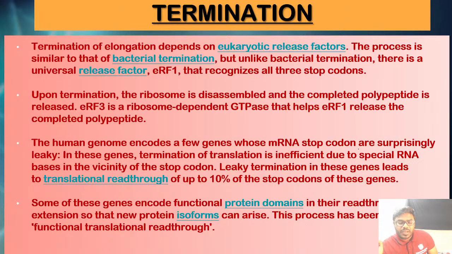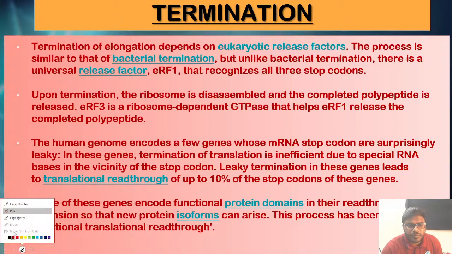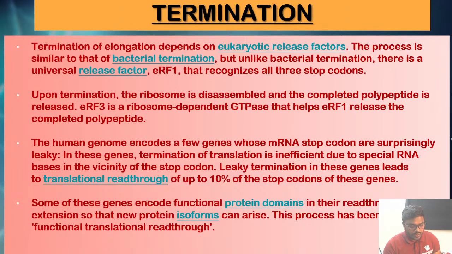And friends, I hope you all remember, in case of a prokaryotic organism, how does the termination occur? In the termination, some factors are involved. RF1 is present, RF2 is also present, RF3 is also present in the prokaryotic organism.